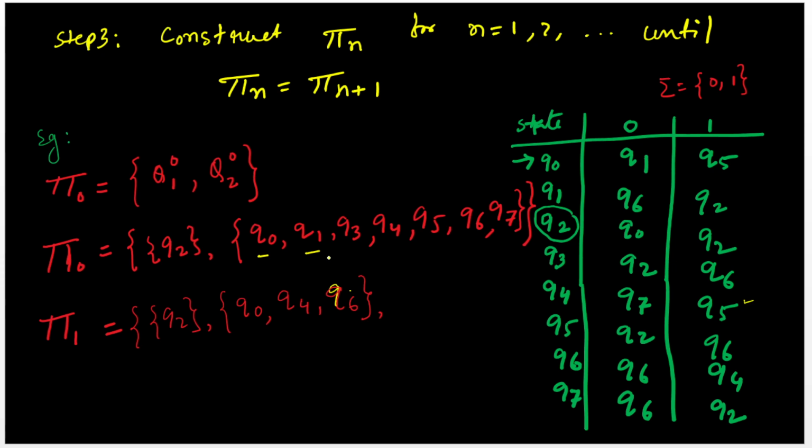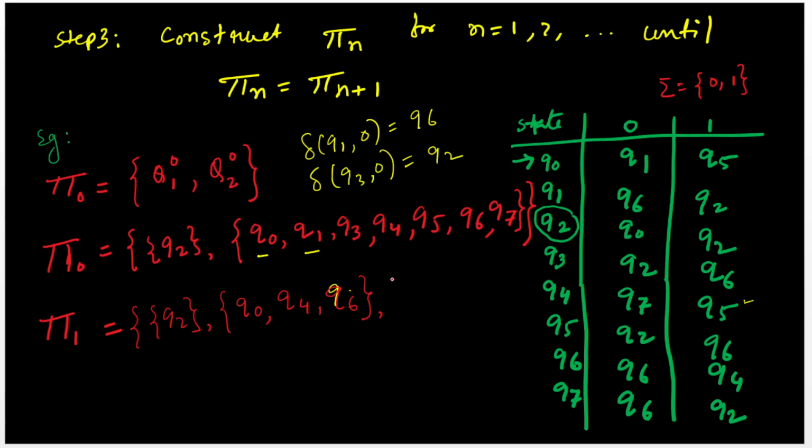First we check Q1 with 0, and then Q3 with 0. Q1 with 0 obviously gives Q6 and Q3 with 0 gives Q2. Look, Q6 belongs to the same equivalence class, but Q2 belongs to another. So Q3 will not go into the same subset with Q1.